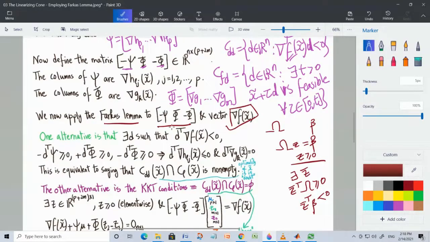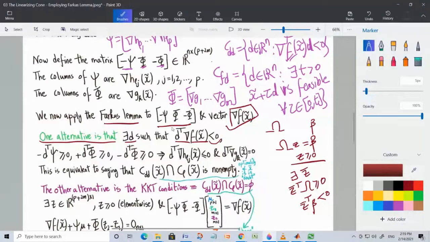Okay, so we will start now with the second alternative. One alternative is that there is some direction D such that the inner product with this vector, which is the gradient of the objective function, is strictly negative. What is the meaning of this? What is the meaning that there is a D with an inner product with the gradient vector of the objective function that is strictly negative?